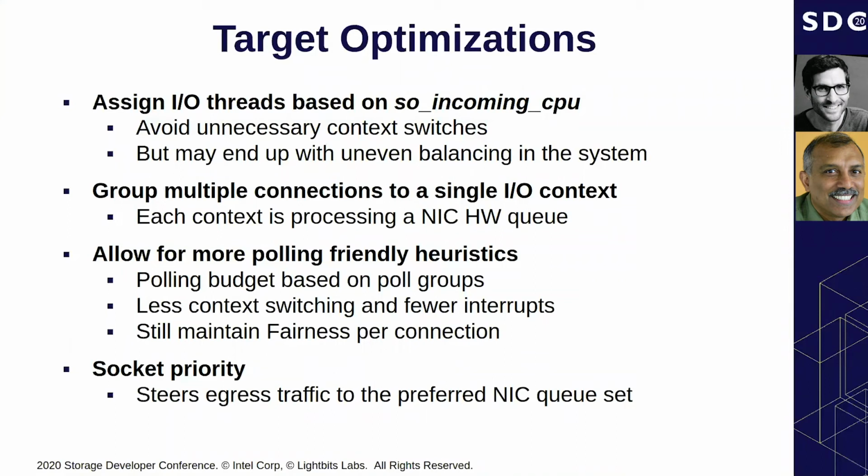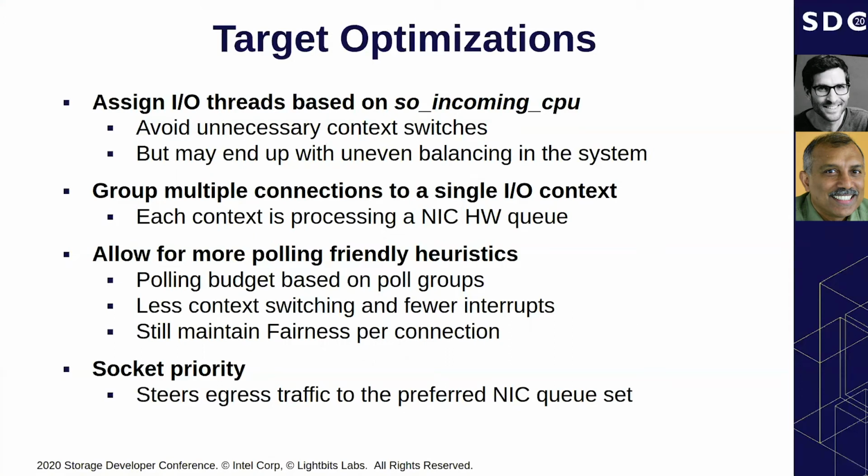But depending on the situation, this may cause an uneven system balance. As an example, if the distribution of connections amongst queues is skewed, then you may see a little imbalance, because on a NIC, typically the inbound connections are load balanced using a hashing scheme like RSS.